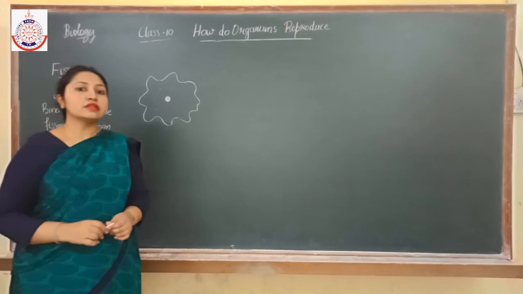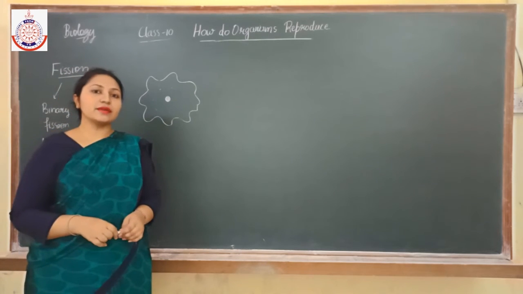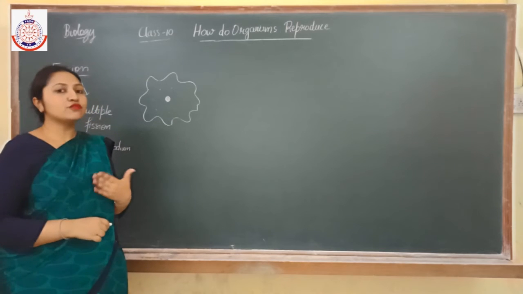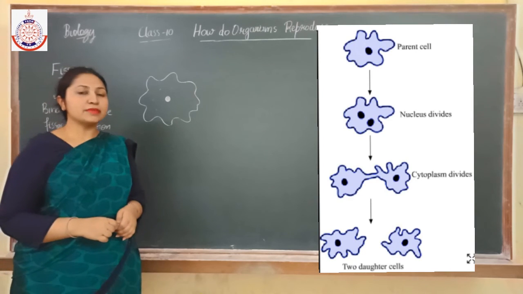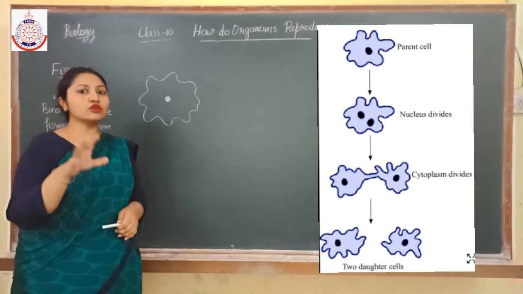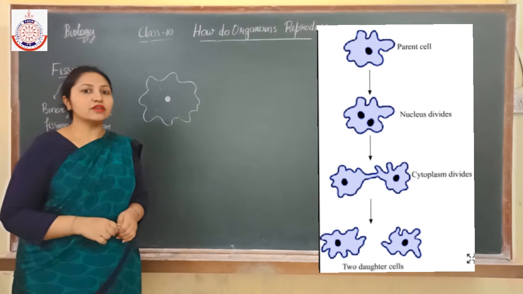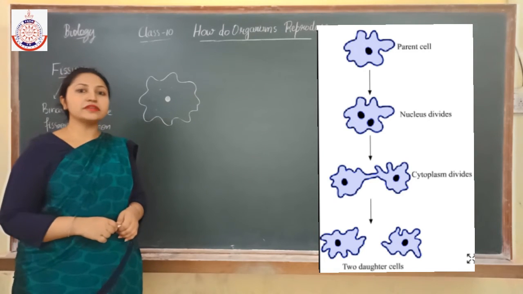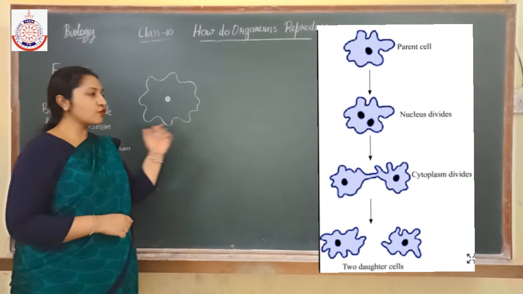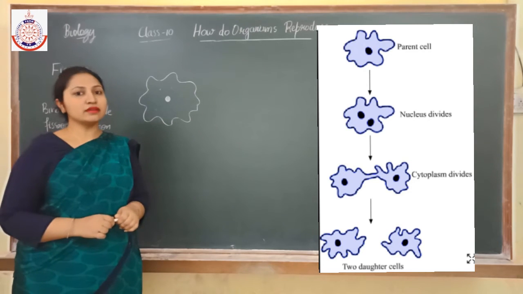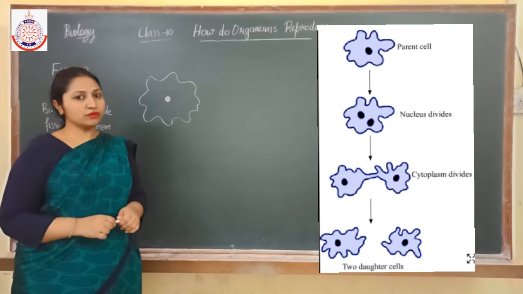Now how does binary fission occur in the amoeba? When the amoeba is fully grown, first of all the nucleus of the amoeba divides. Then after that, the cytoplasm also divides.